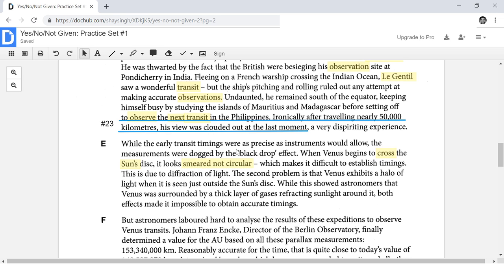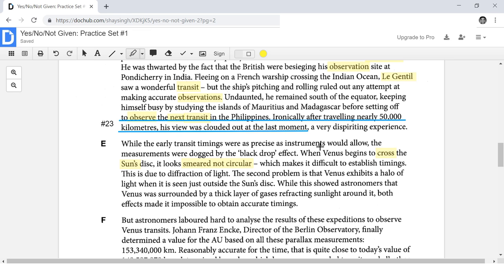Smeared, or to be circular or to not be circular, these are properties of shape. So I have a feeling that we're going to find our answer somewhere around here, since it's talking about crossing the sun's disk, and properties of shape. And we've also found our other keyword, Venus.